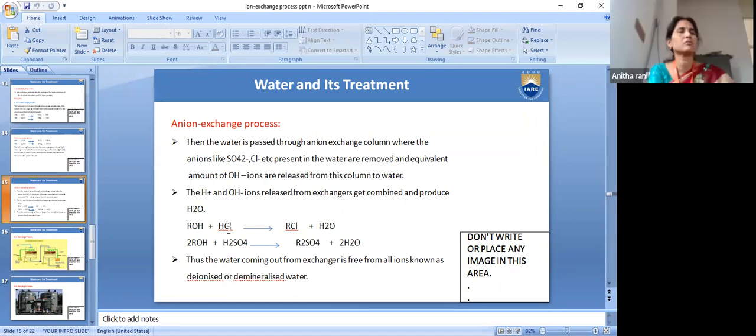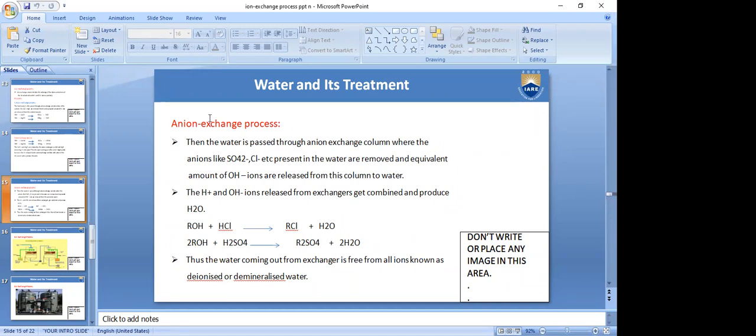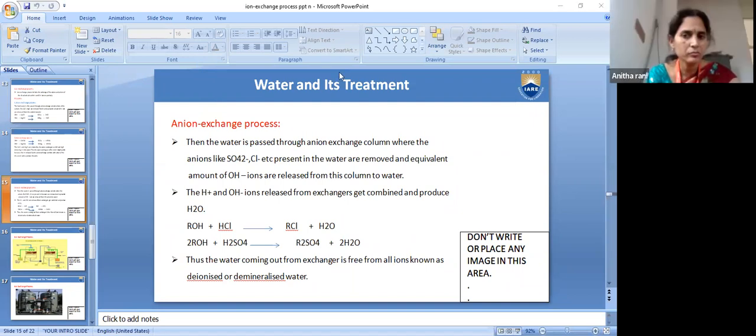So both are exchanged. OH minus ions are exchanged with the Cl minus ions, the anions present in the hard water. Yes or no? Yes, ma'am.